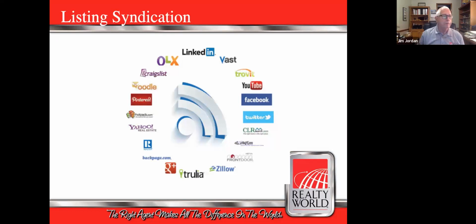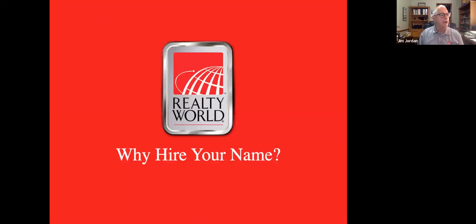I have a little graphic here built into the PowerPoint or Keynote presentation that shows the various places where their listing will be syndicated, so that they understand, hey, it's going to go out to all the real estate websites. It's going to be on the MLS. It's going to be on Zillow. It's going to be on Trulia and all of those places.